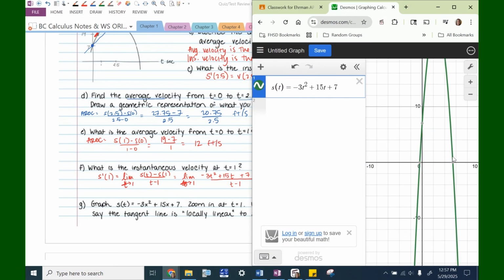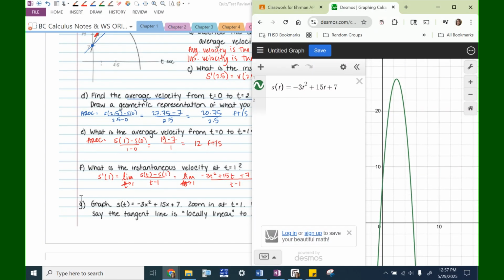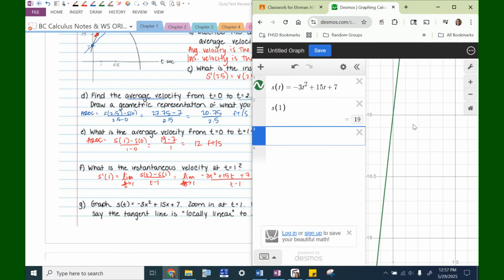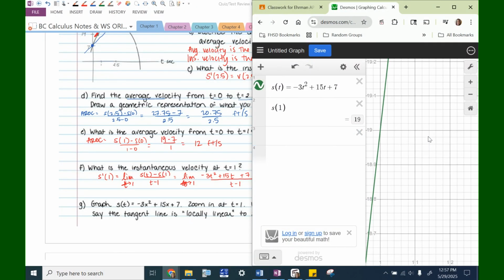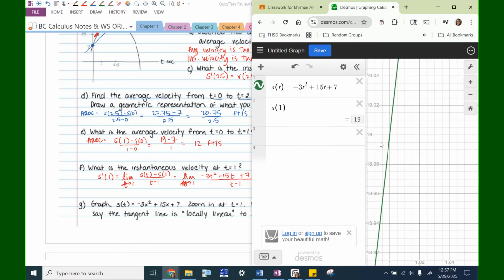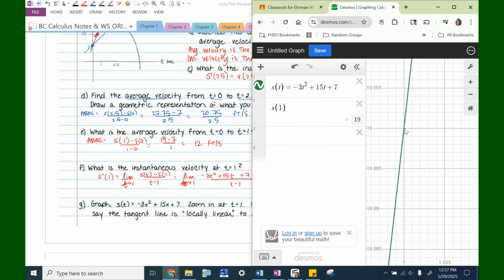Not a trick question here. Zoom way in at 1. Here it is. Now, if I don't show you the equation, can you tell that this is a curve versus being something linear? I would say no, I can't tell.